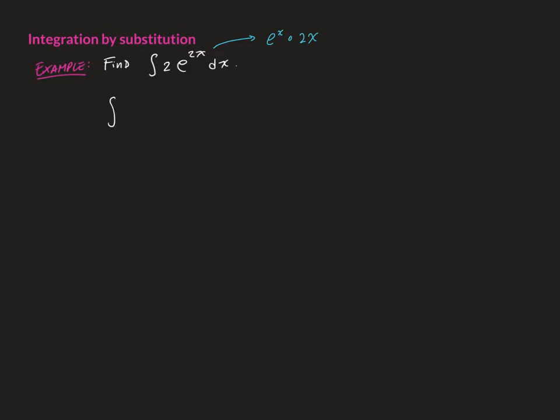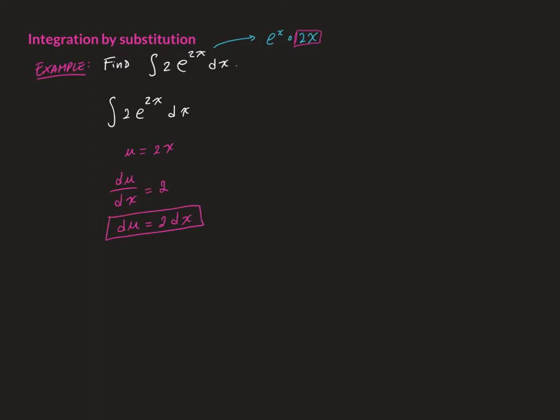So I'm going to do that by defining the variable u as 2x, which is the internal function in that composition. And then I'm going to take the derivative of u, so du with respect to x is going to be 2, and I get du is going to be 2 times dx.